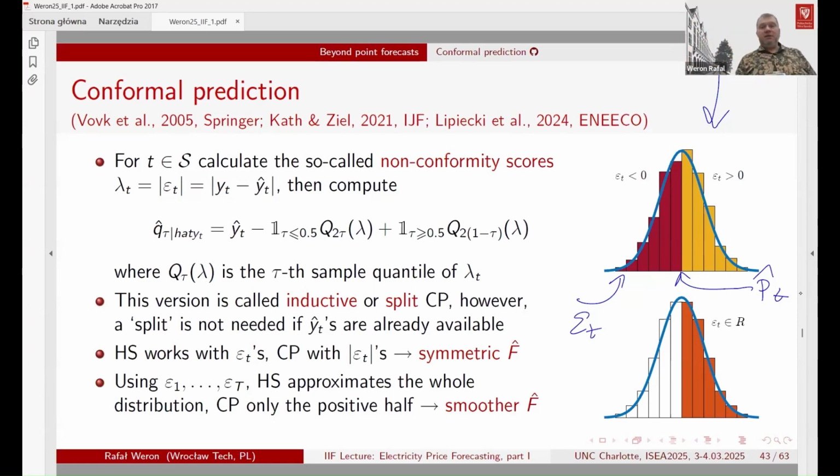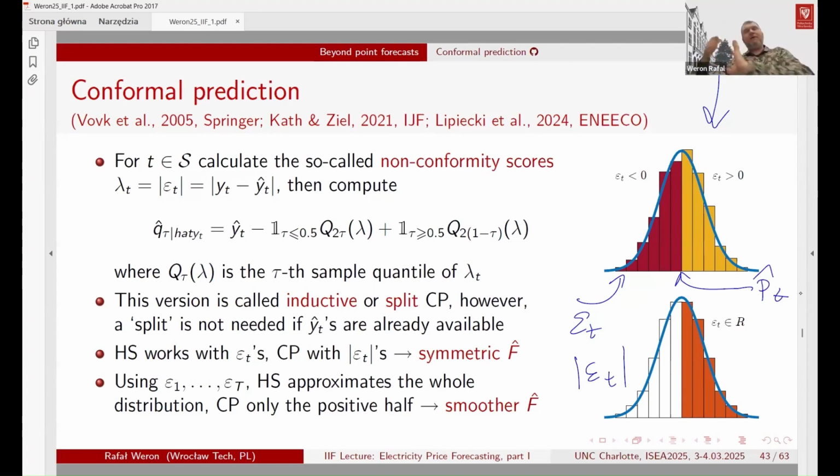What you do in conformal prediction is build a histogram of the absolute value of epsilon t's. So you take your distribution and you fold it. You have twice more observations, but at the cost of having a symmetric distribution, because then you unfold it and you have a symmetric distribution. So this is the basic way conformal prediction works.